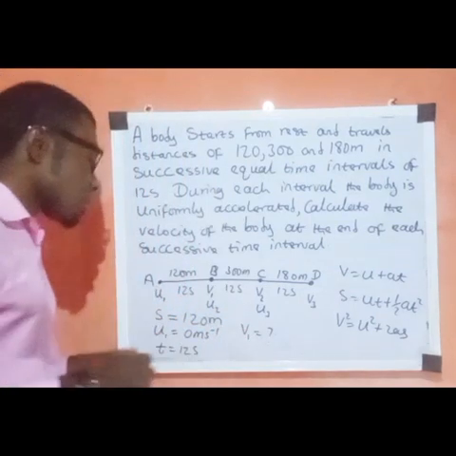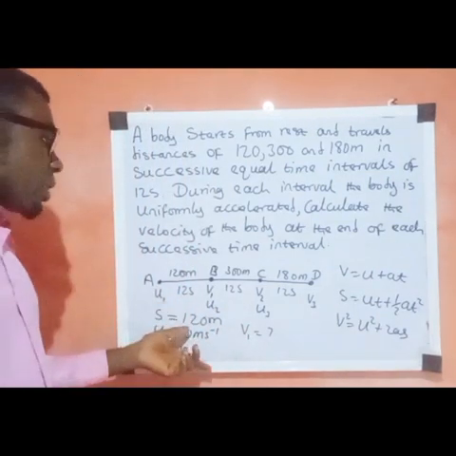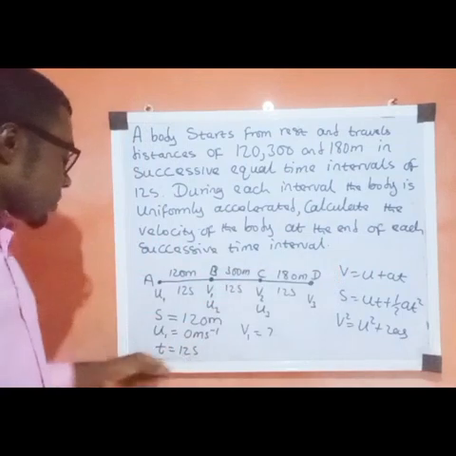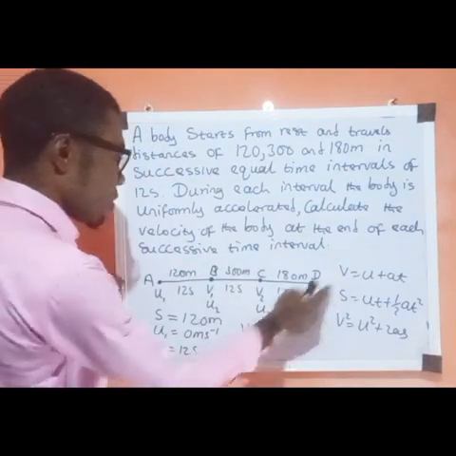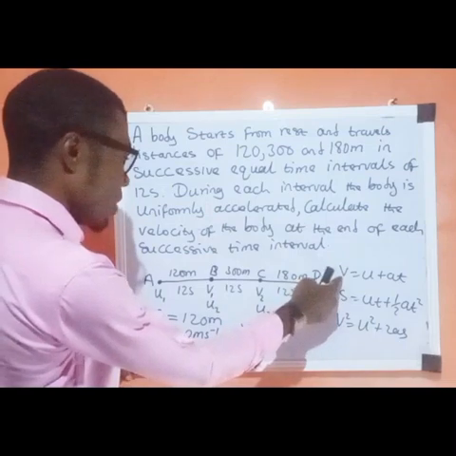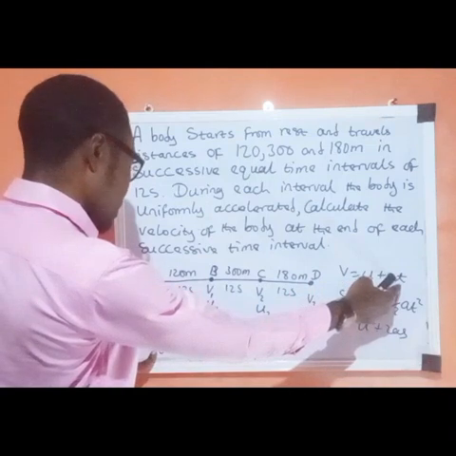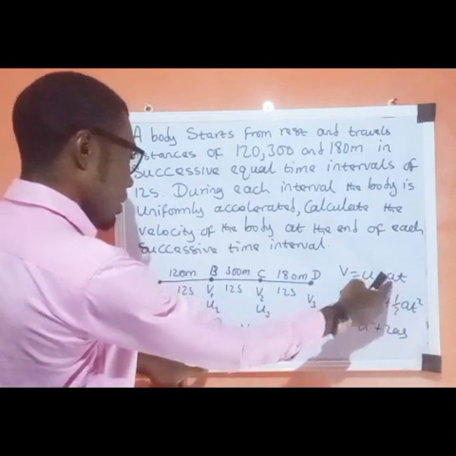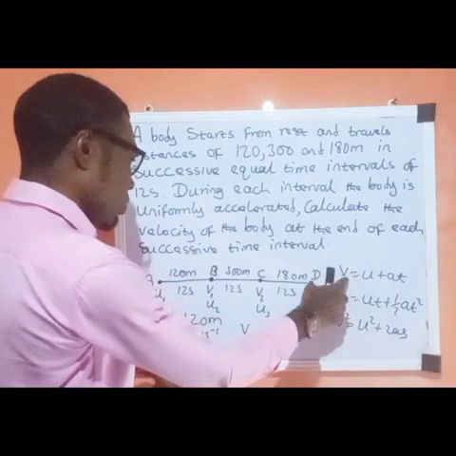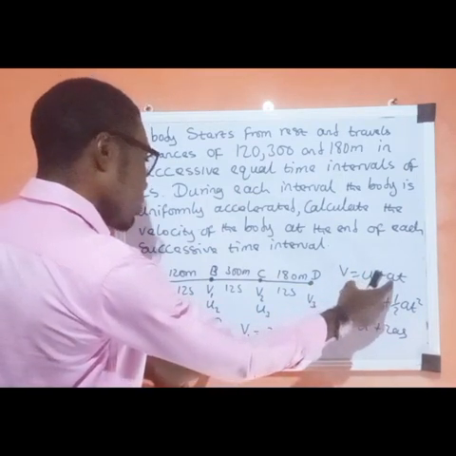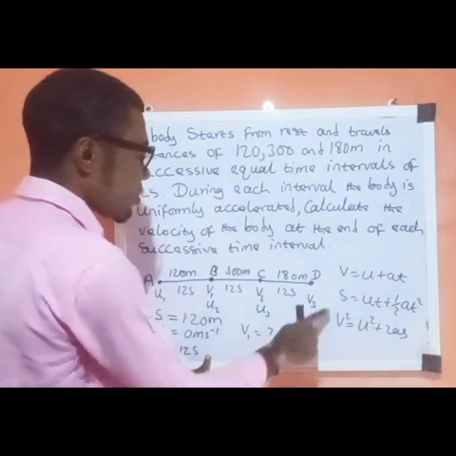So what I said is that we look at our parameters and begin to compare. In the first equation, u is there, t is there, but a is not there. v is unknown, a is unknown. There are two things that we do not know in equation 1.